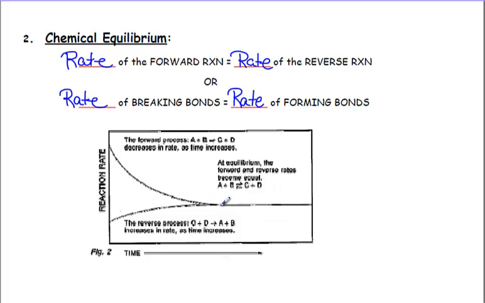Eventually, when those rates are equal, the whole system will be at equilibrium and the forward and reverse rates are equal. So here's a forward process, here's the reverse process. Once they become equal over time, then it is at equilibrium. So that is the equilibrium state.